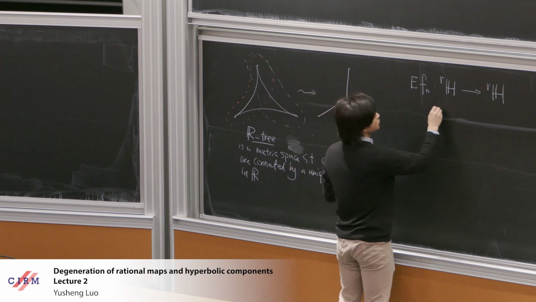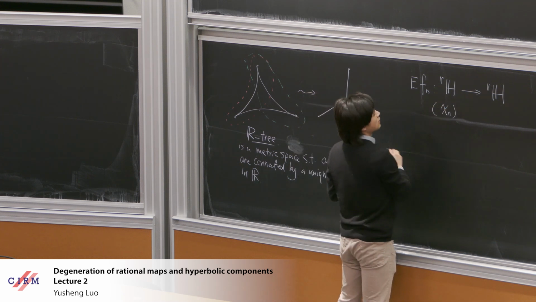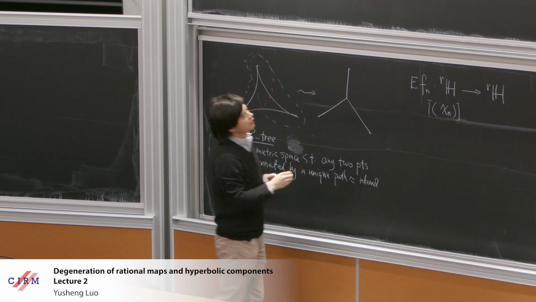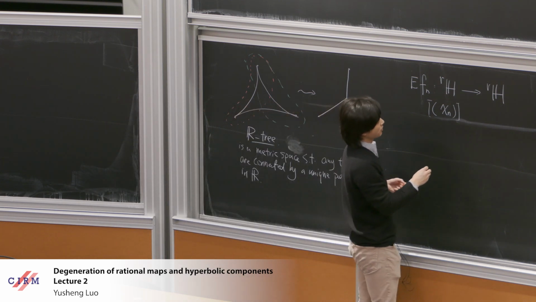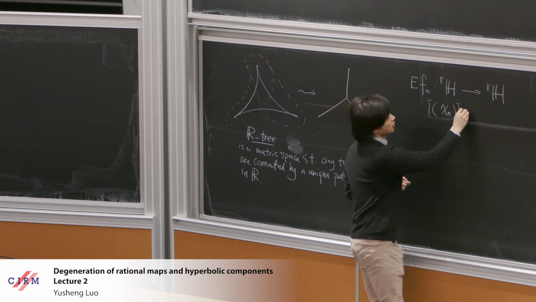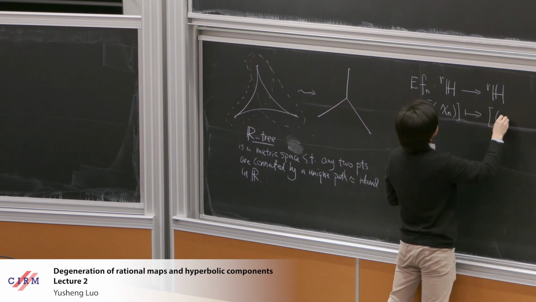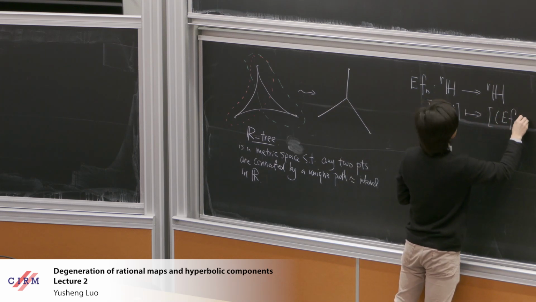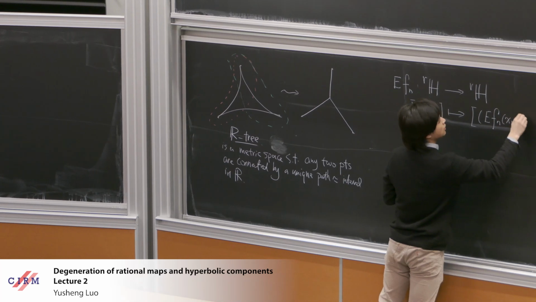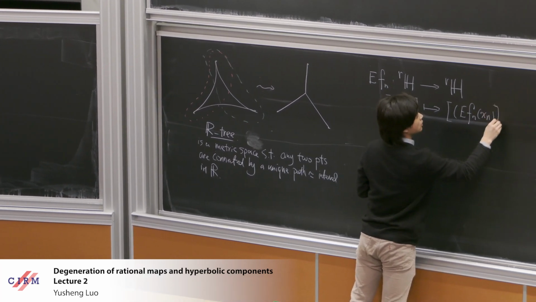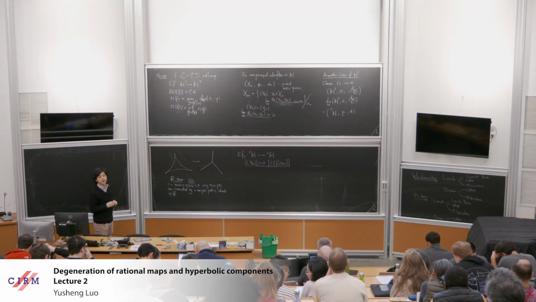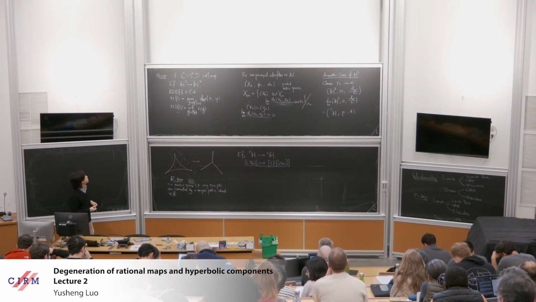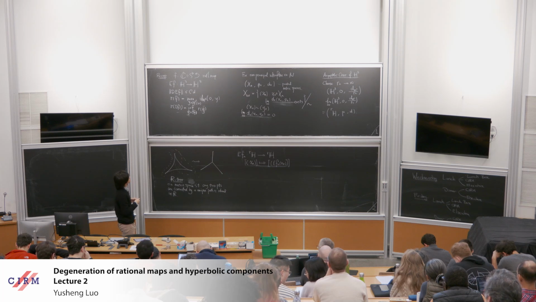What we are going to do is simply send an equivalence class represented by a sequence of points x_n to the equivalence class of the sequence f_n(x_n). Right, and then because the derivative is uniformly bounded, this is well defined.